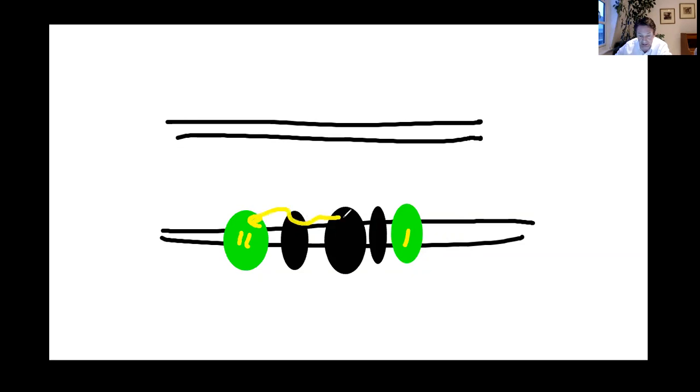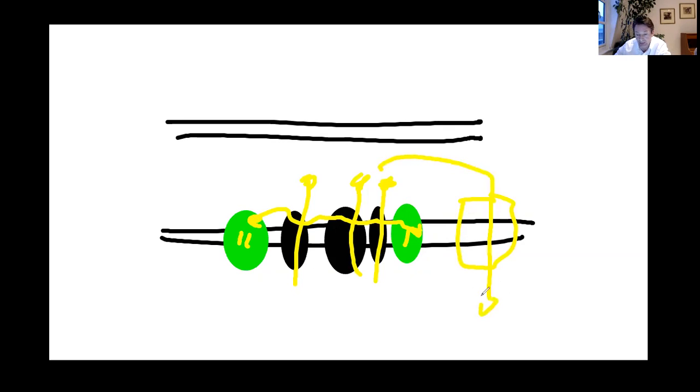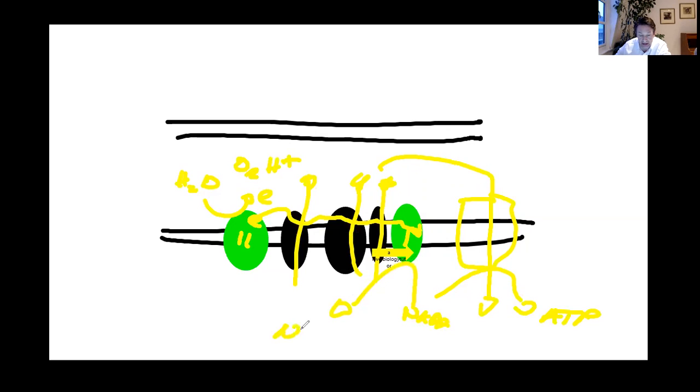The electron goes down the chain of carriers, powered by light, pushes protons across the membrane from the stroma into the intermembrane space, and then those hydrogen ions flow out, generating ATP. And in this instance, we take water and we split it to give you oxygen, hydrogen ions, and electrons, and the electrons are used to replace the electrons lost from photosystem 2, and those electrons end up, in the end, reducing NADP, another big carrier blob, to NADPH.